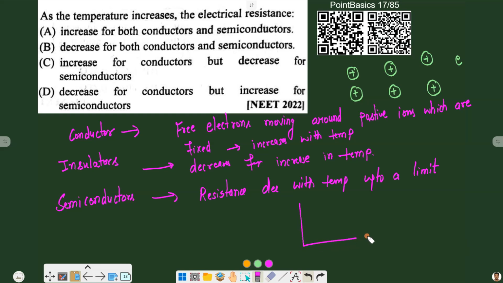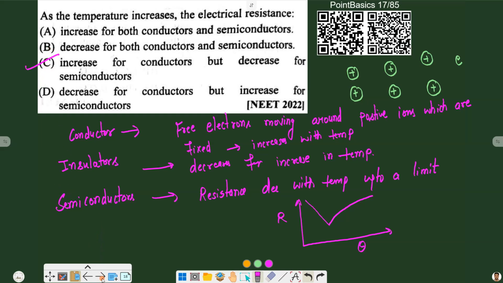So for semiconductors, if we plot resistance versus temperature, the behavior is something like this: initially resistance decreases, then it starts increasing. So it increases for conductors and decreases for semiconductors. Option C will be the right answer.